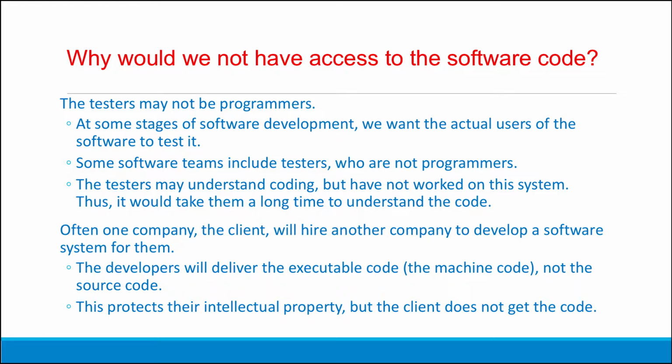That source code is their intellectual property and is very valuable to them. The developers may want to modify that and use it for another client, sell it to someone else. Thus, the client does not get the code itself. And without the code, they wouldn't be able to do glass box testing. Therefore, black box testing is the only testing technique available to them.